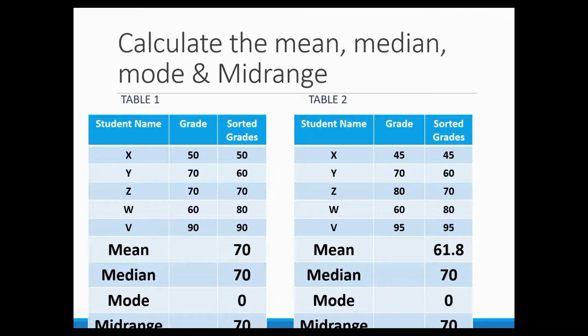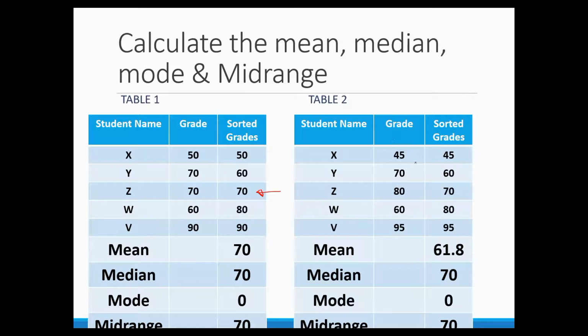Then we find it's 5 observations, so the point at the middle gives us the value of the median, which is 70 again. There is no repetition inside our data, so in this case the mode equals 0. The mid-range equals 70. If we add 50 plus 90, it's 140. Divide it by 2 gives us 70.